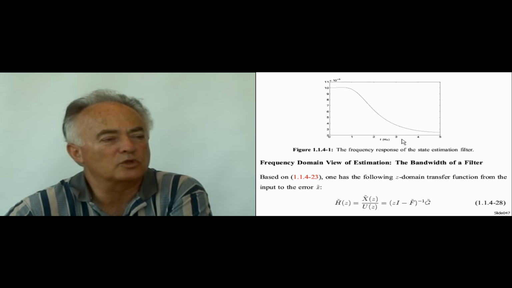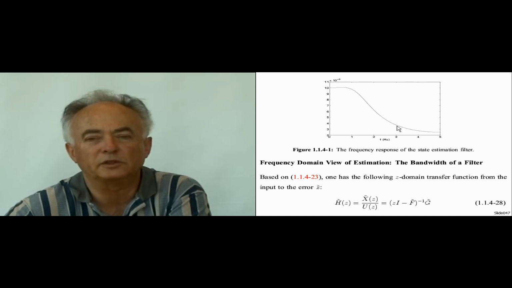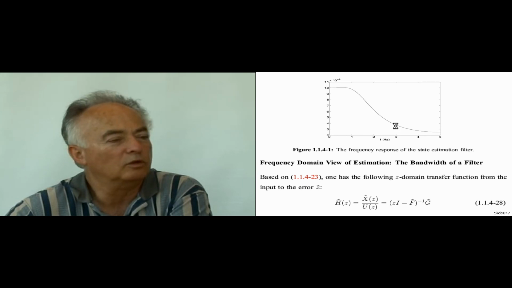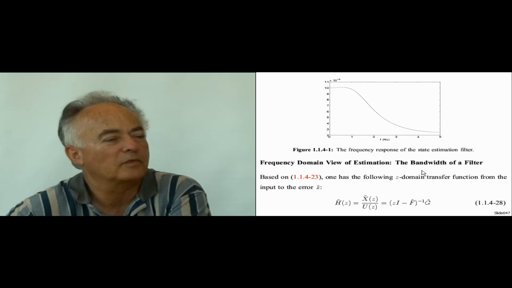And for those numbers, roughly up to about 2-3 hertz, you have here the cutoff frequency, and it's good to understand that we have a certain bandwidth, which we'll obtain in a moment.